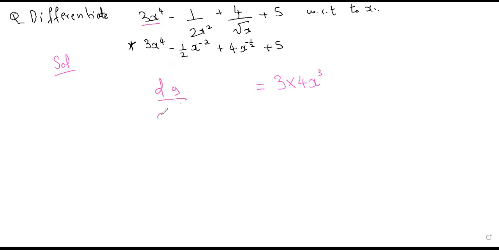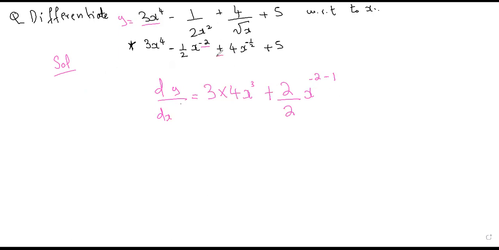So it would be dy by dx. Let's say this is y equals this, just to make things simpler. Okay. So it would be 3 is going to come as it is multiplied by 4x cubed. Okay, minus into minus 2 would become plus 2 by 2 x to the power old power minus 2 minus 1.